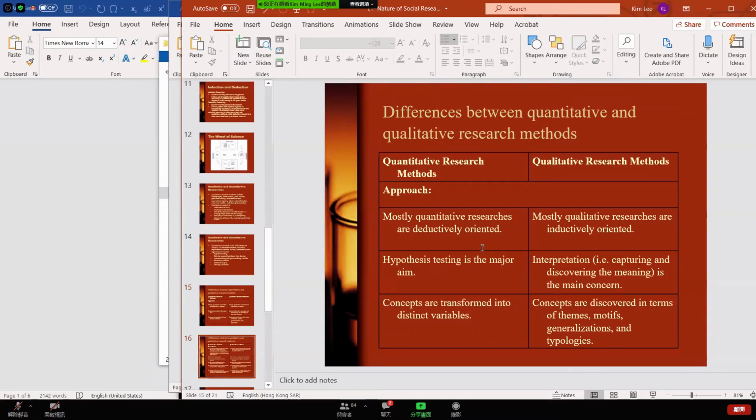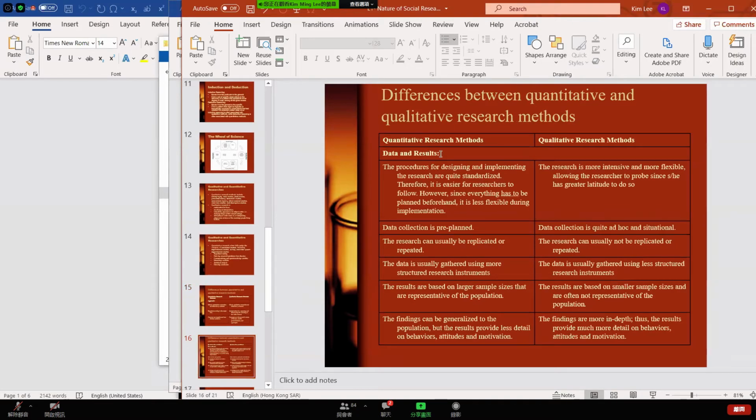Another difference is in terms of data and result. Of course, quantitative research gets data in terms of numbers, while qualitative research gets data that is more intensive and multifaceted. In quantitative research, the steps for collecting data are standardized and very strict.